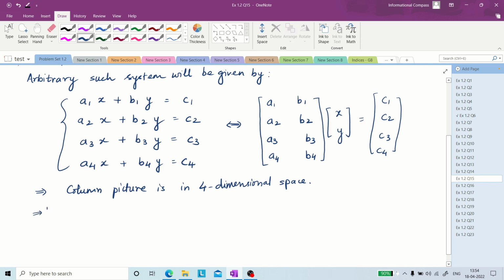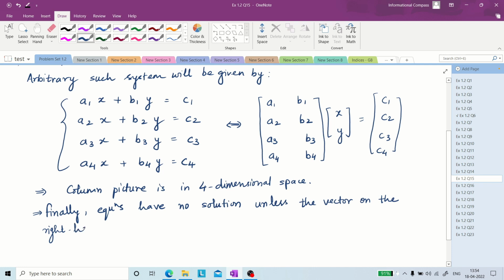So finally, write it down in this way: the equations have no solution unless the vector on the right hand side is a combination of vectors on the left hand side. So this is the solution.